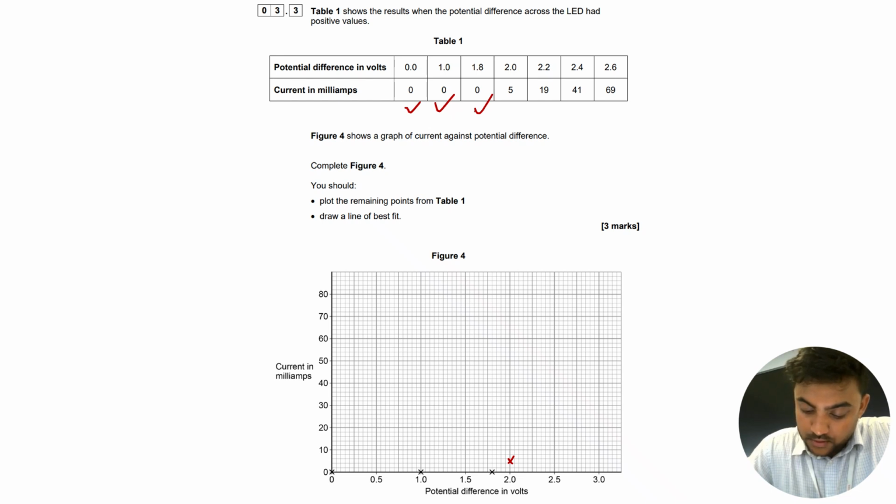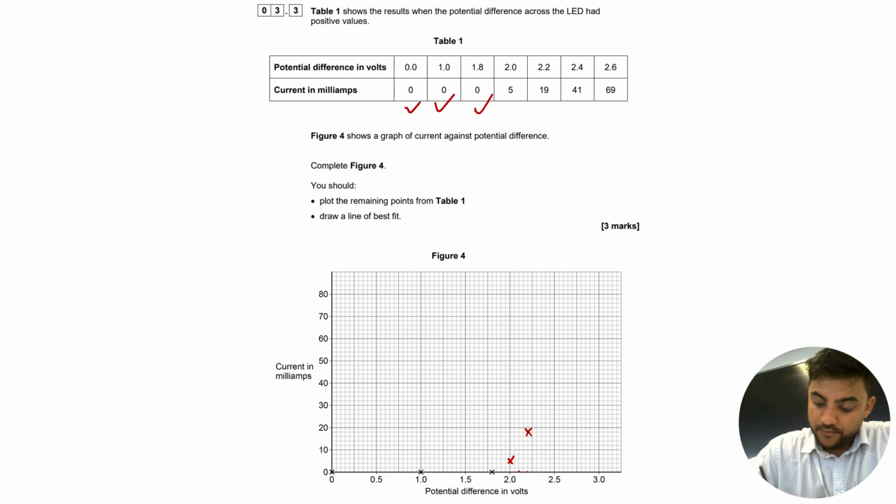It goes from 2 to 2.5 in 10 squares. So each tiny square is 0.5. 2.1 is here. 2.2 is therefore here. We work all the way up to 2.4, get to 19, and we place our X right there.